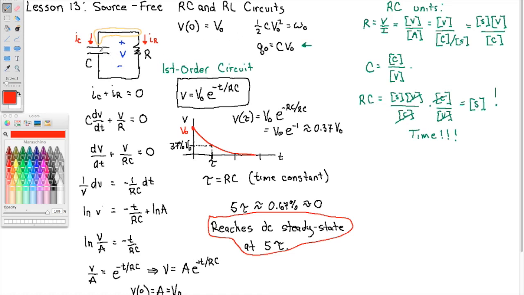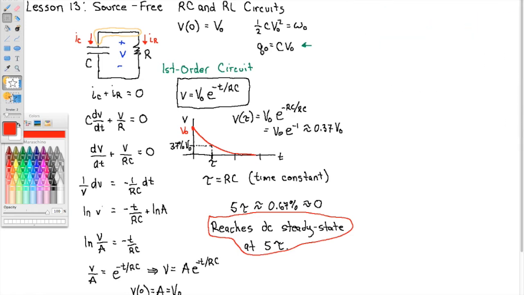Well, physically what's happening is, remember, the capacitor had initial energy, then it's supplying current to the resistor. The resistor is the other piece of this. The resistor is absorbing that energy as power.